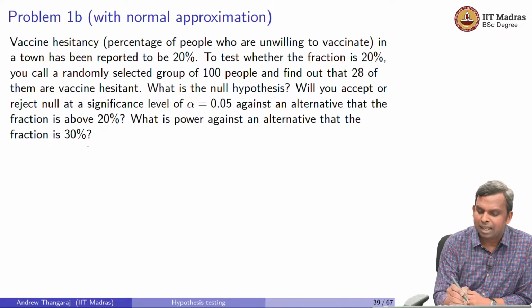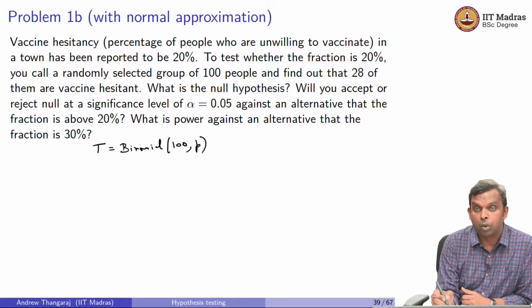In this case, again, the sampling and everything is the same, but for the total T, which is actually binomial(100, p), I'm going to make an assumption here. I'll say it's roughly normal.